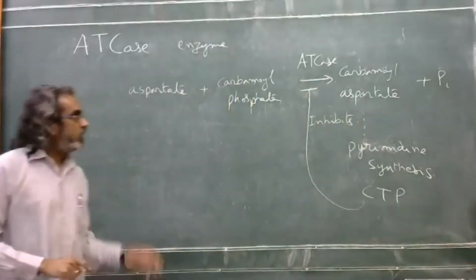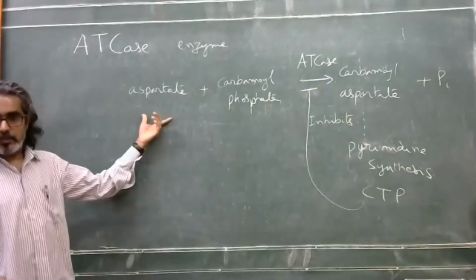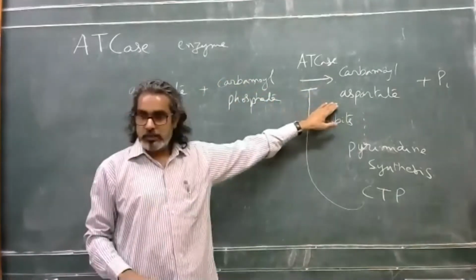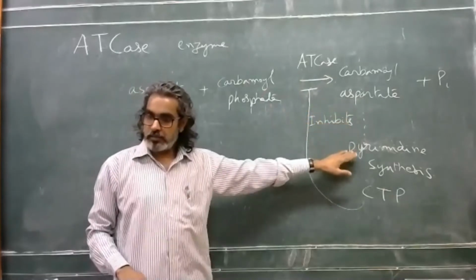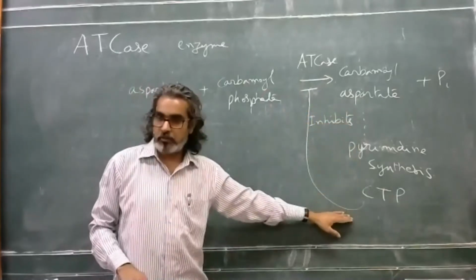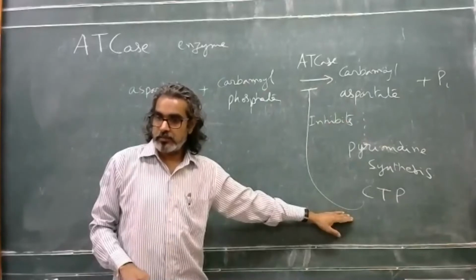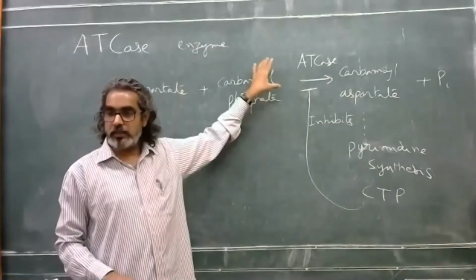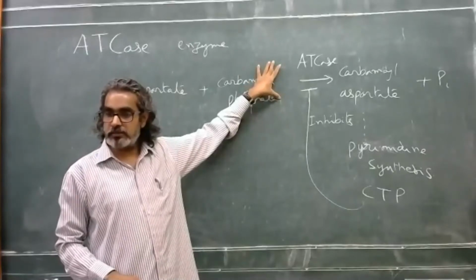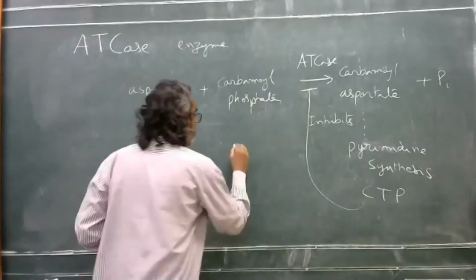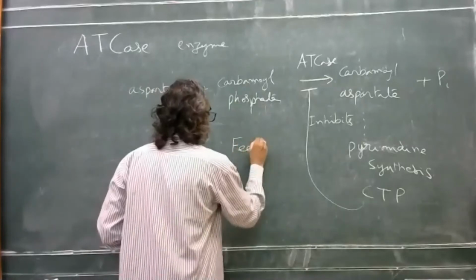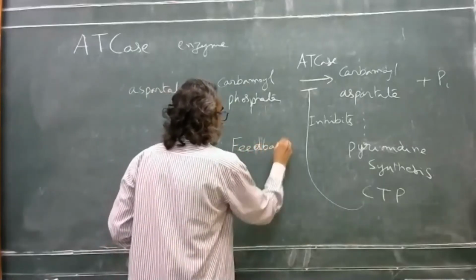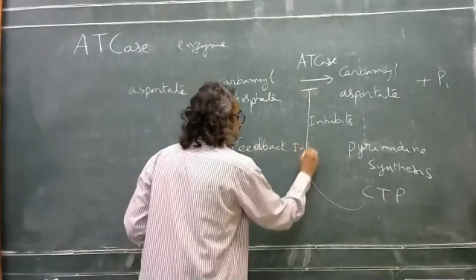So if more aspartate is there, more ATCase activity, but then as further reactions go down, somehow you have more of this nucleoside. So then it comes and actually binds this ATCase and inhibits this reaction temporarily. So this is called feedback inhibition.